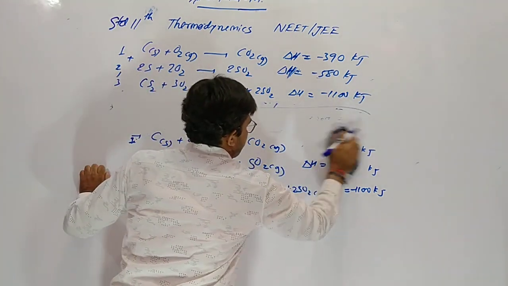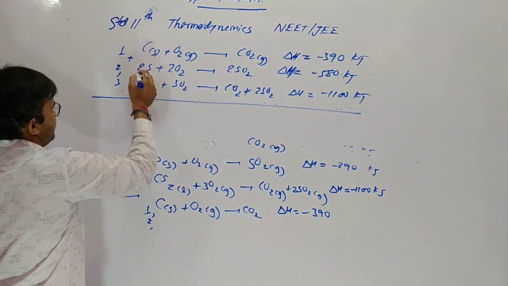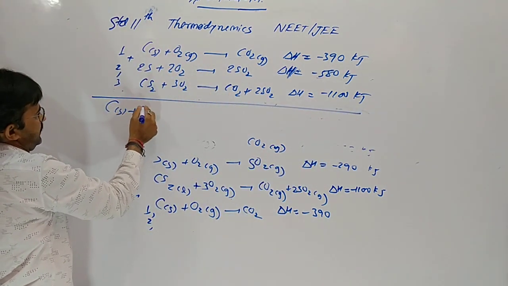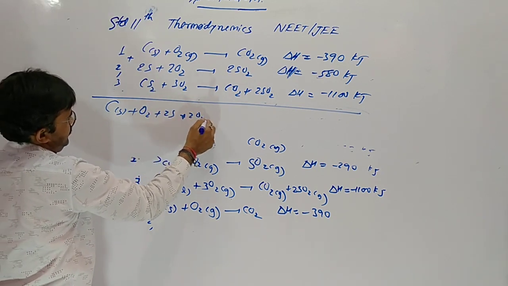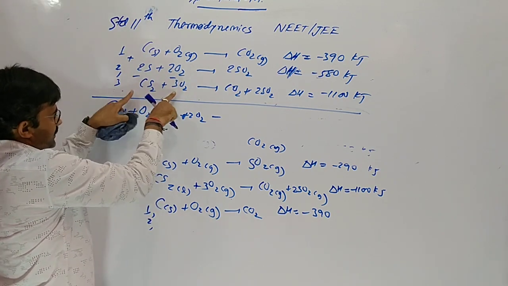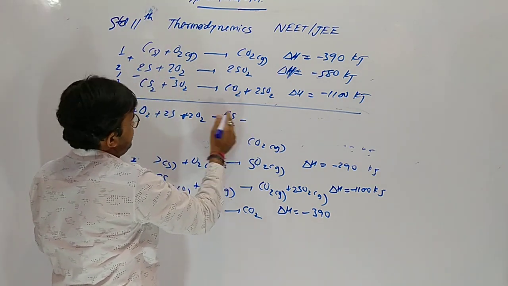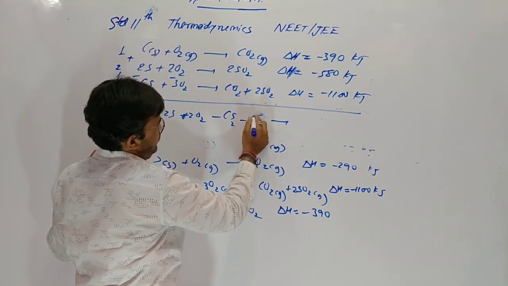So actually what we have to do, listen. First બેનું addition, C solid plus O2, 2S plus 2O2. Then subtract, minus CS2 minus 3O2. This is our left hand side.